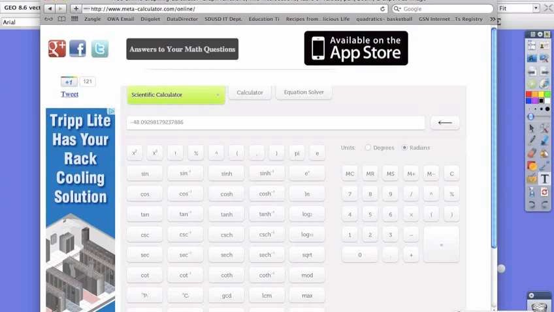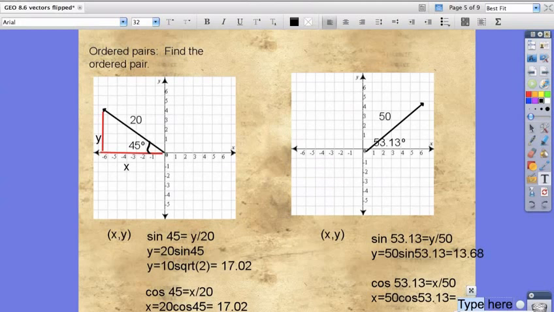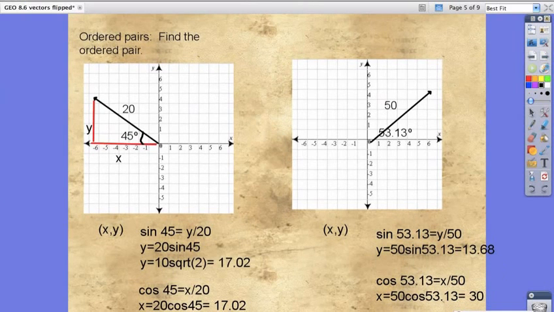You'll notice I just noticed I'm in radians, so I need to switch that back into degrees. So, we're going to say 53.13 cosine times 50 is equal to 30. So this gives you 30. Now obviously we can go back and fix the other three, but in terms of time, we're going to move on.